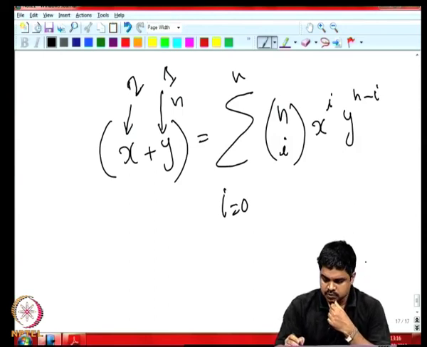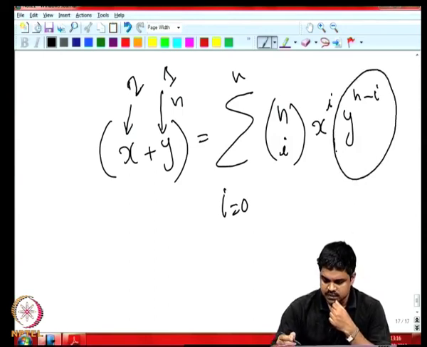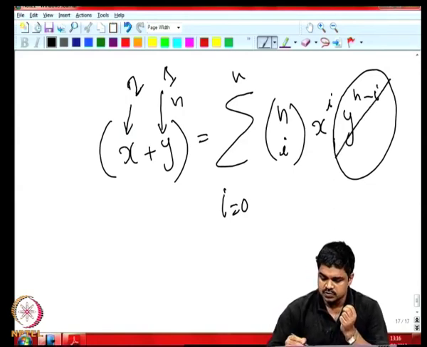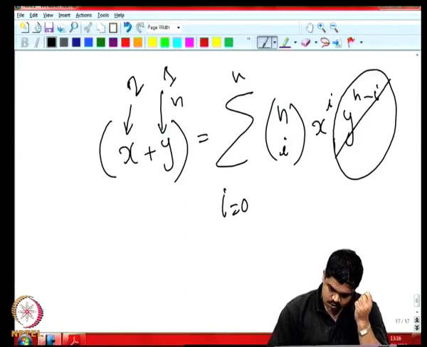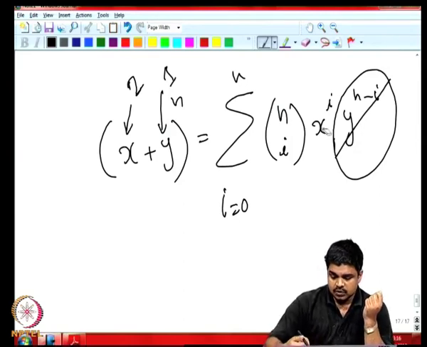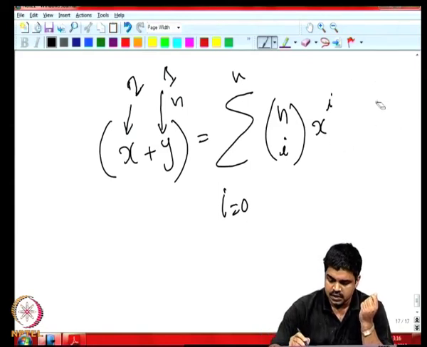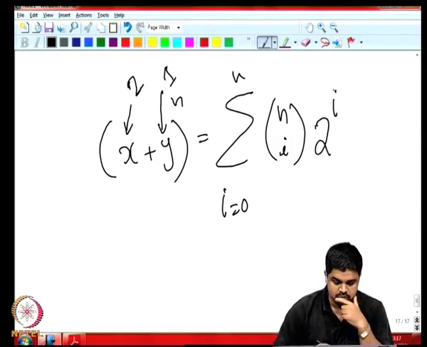These terms will go away, because y raised to n minus i is 1 raised to n minus i, which is always 1. And here x is 2, so it will become 2 raised to i.